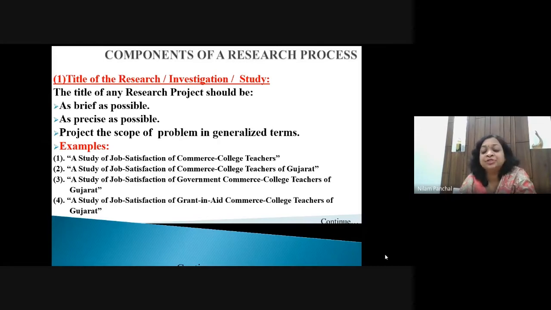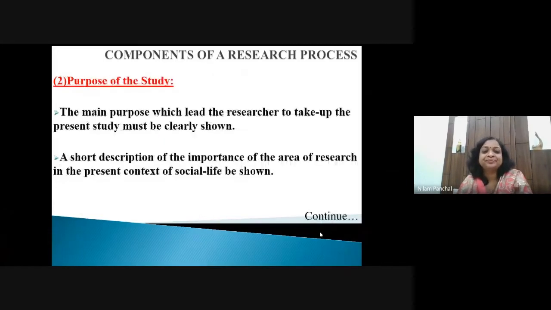Fourthly, a study of the job satisfaction of granted Commerce College teachers of Gujarat. So when you talk about the title of your research project or research paper, it should be as brief as possible, as precise as possible, and the scope should be in generalized terms.